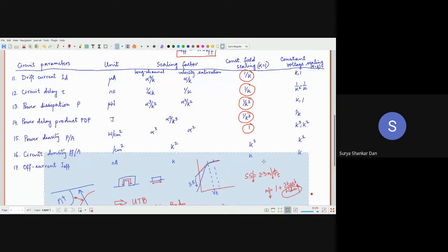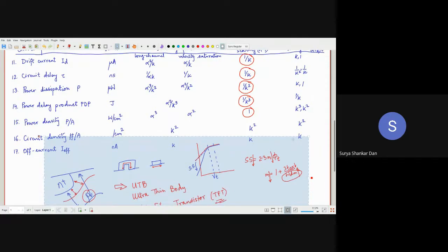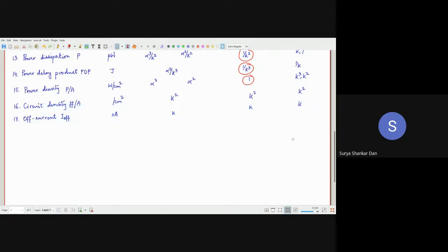Similarly, off current increasing is also a bad thing, but it is not mitigated by constant field scaling or constant voltage scaling. Irrespective of whichever scaling you use, it is always going to increase. So that's a problem of short channel effect, and we'll have to find the engineering solutions to it.